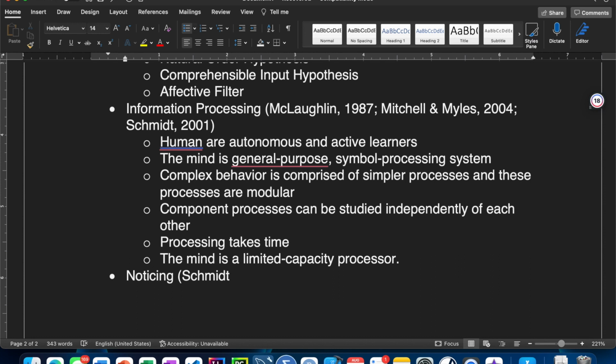I think he originally started talking about this back in the early 90s and then formalized it in the 2000s, but this notion of noticing is basically that learners have to be able to consciously attend to the input that they're seeing, right? So learners have to be able to first perceive that input and then make sense of it before they can fully internalize that input for learning and acquisition purposes.